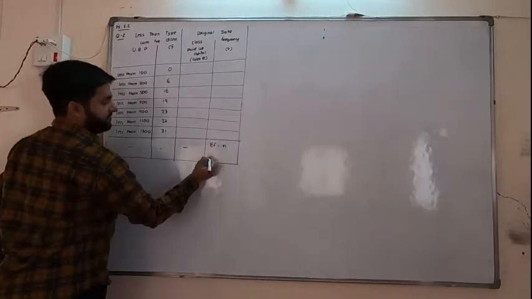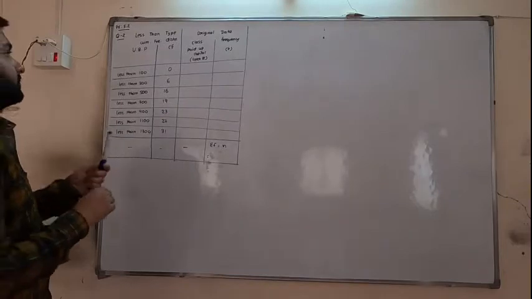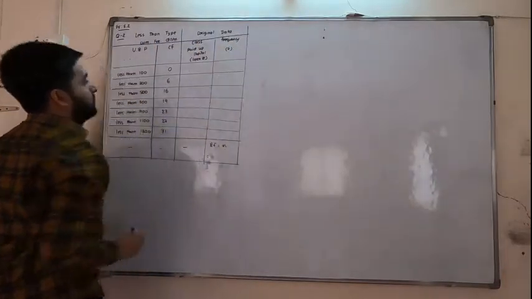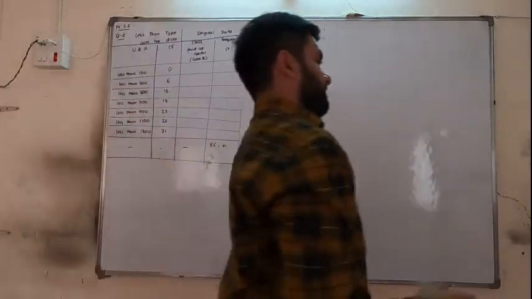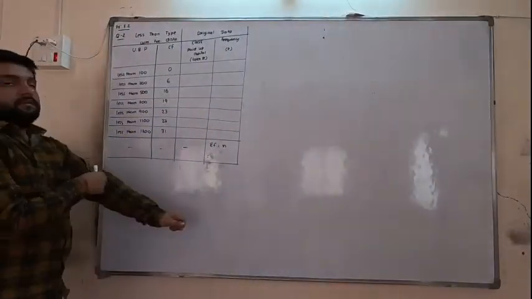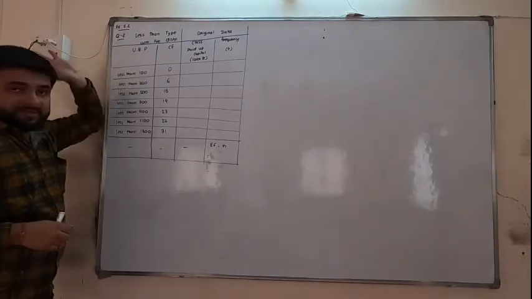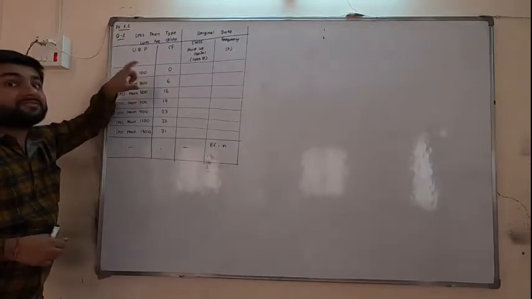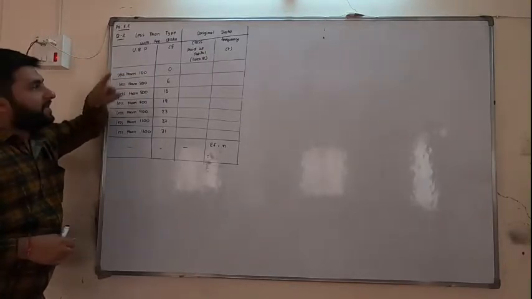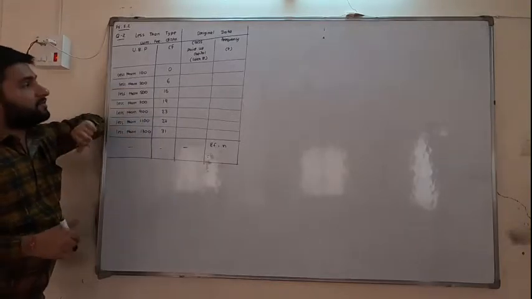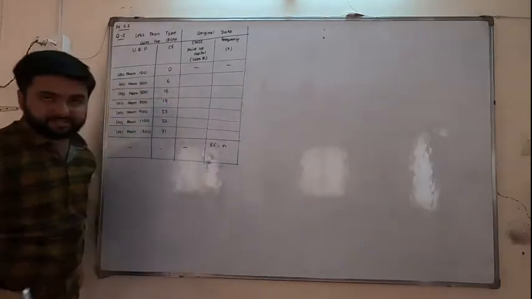Sigma F is equal to N. Now see friends, in the question if 0 is given, then all are upper boundary points, but the first will be the lower boundary. If 0 is not given, then all are directly upper boundary points. So the first will be a dash.